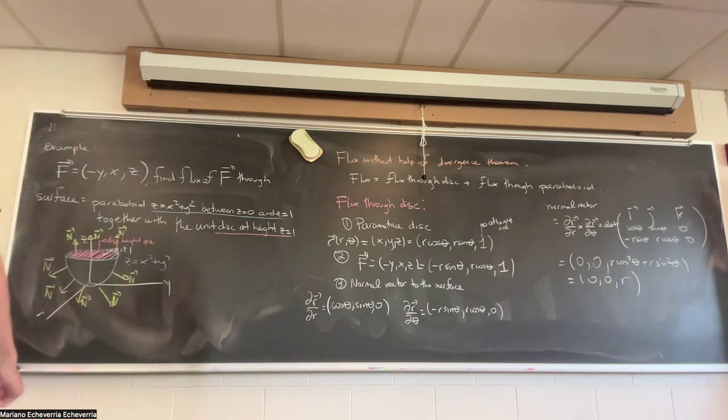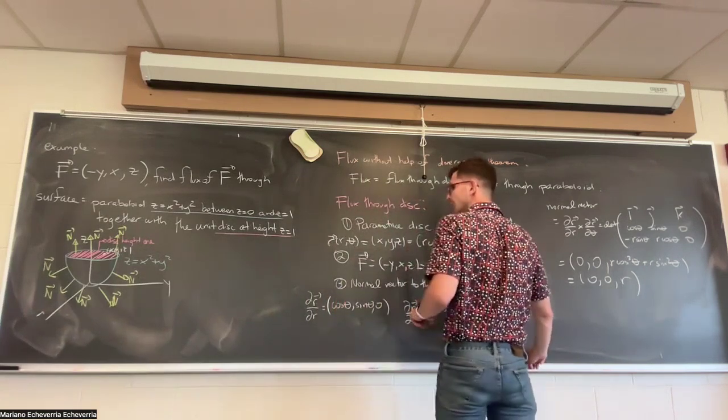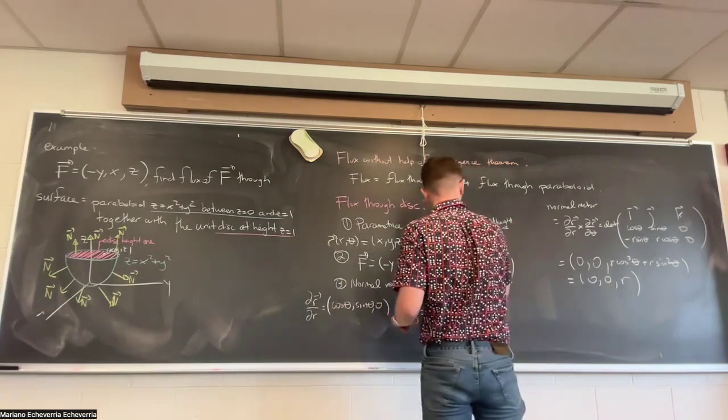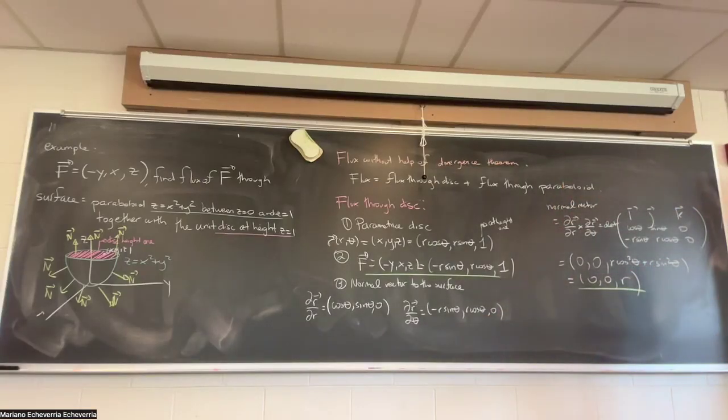Let me put in color the products that we're going to do. We're going to do the dot product between those two vectors, and the integral of that will be the flux. Is that okay? Making sense at this point?